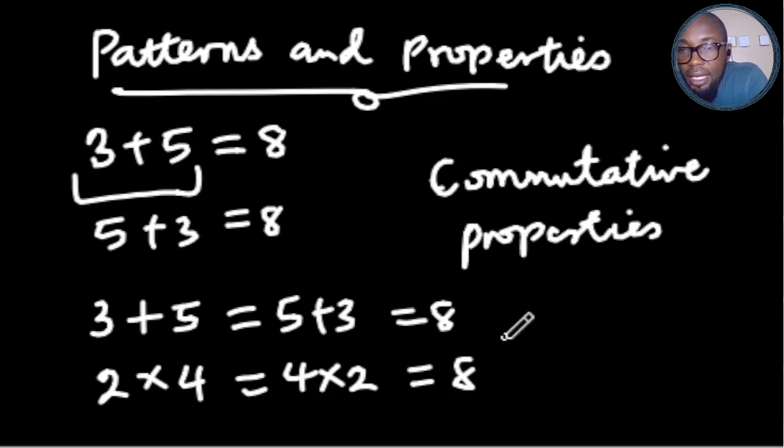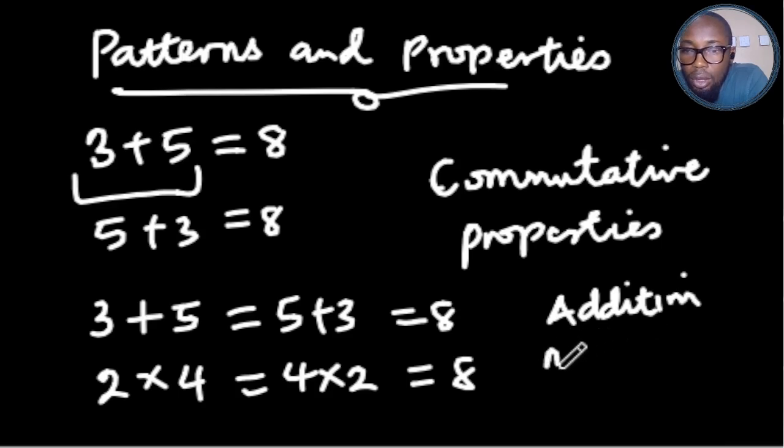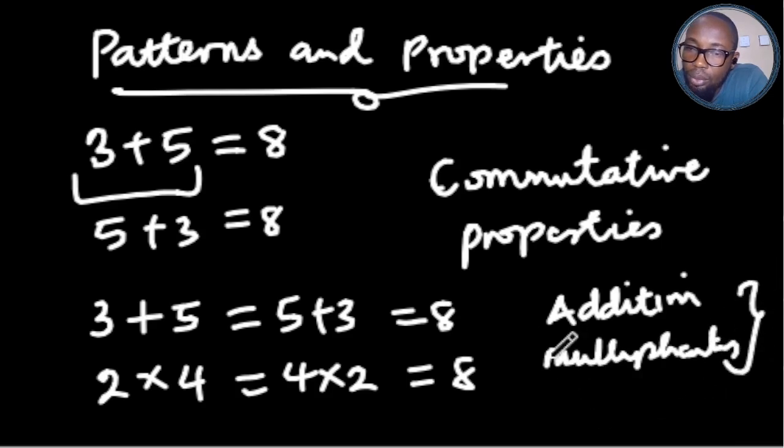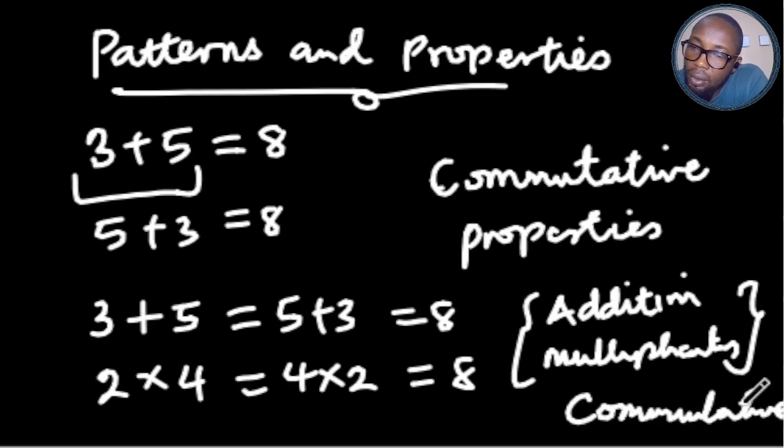So we can say that addition and multiplication are both, they are both what? They are both commutative.